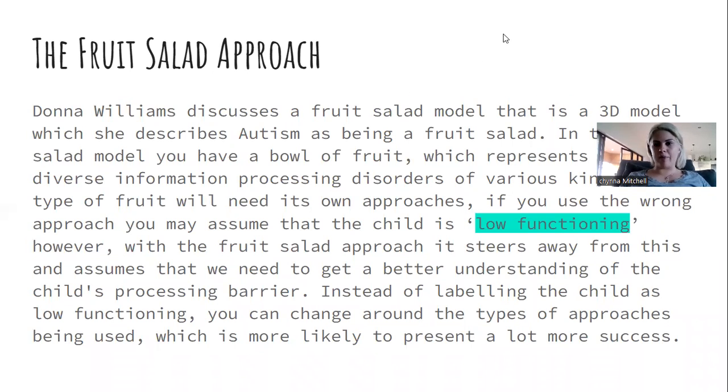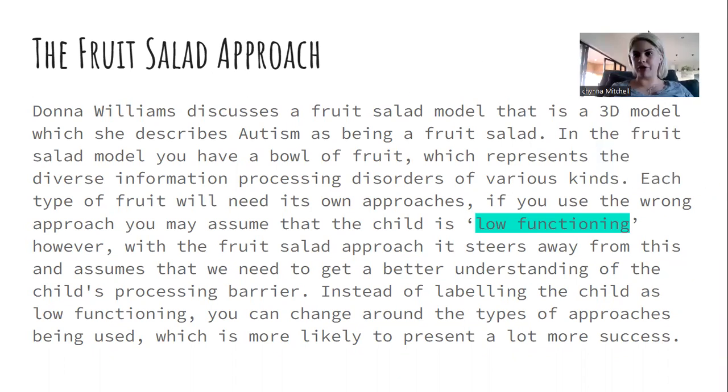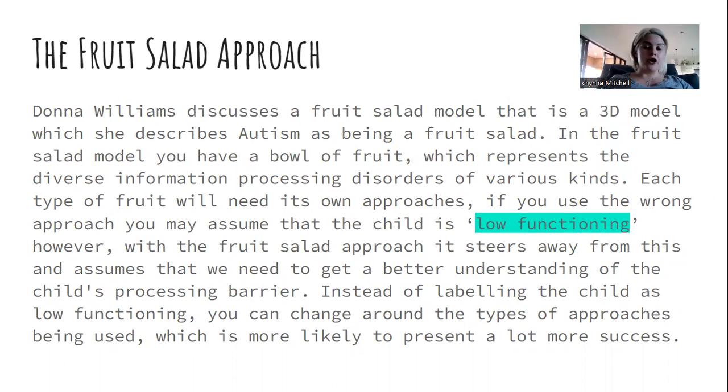So the fruit salad approach. Donna Williams discusses a fruit salad model that is a 3D model which describes autism as being a fruit salad. In the fruit salad model, you have a bowl of fruit, which represents the diverse information processing disorders of various kinds. Each type of fruit will need its own approaches.